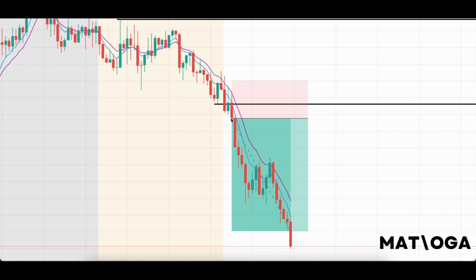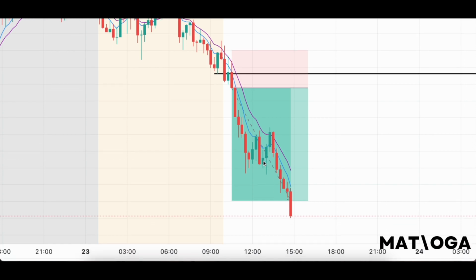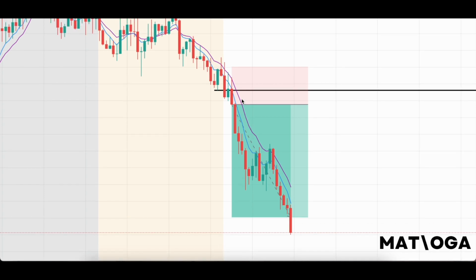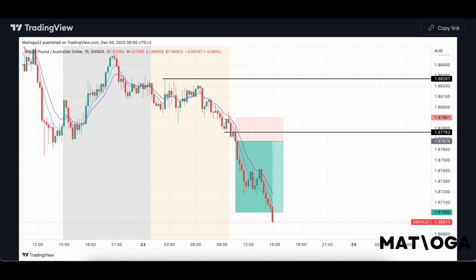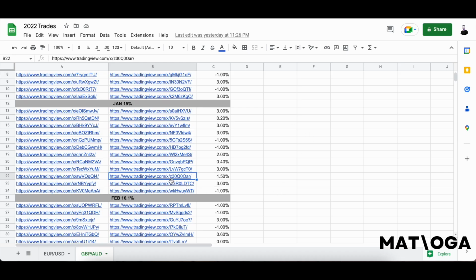So we took a short, stop loss just a bit above the high of this candle, and it's basically straightforward, moved all the way to the downside without giving us any kind of nerve-wracking experience. It's just completely straightforward, dropped all the way to the take profit area.